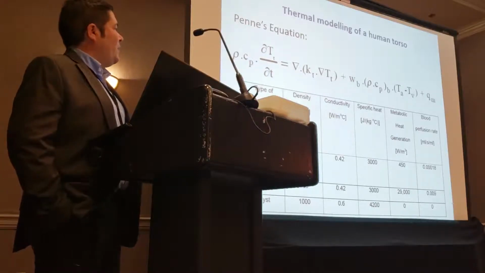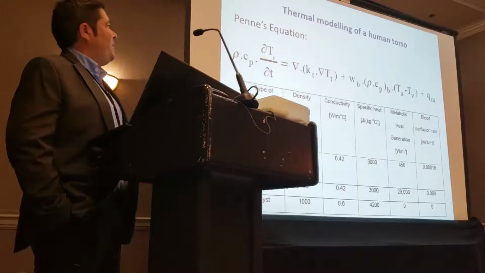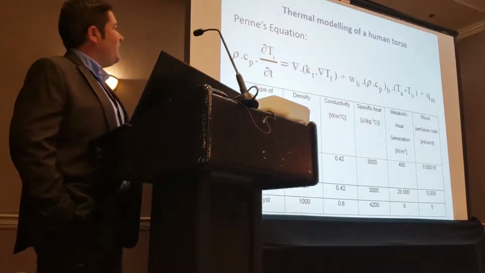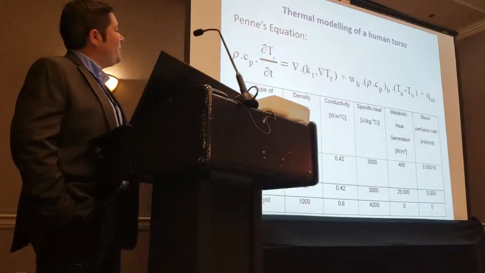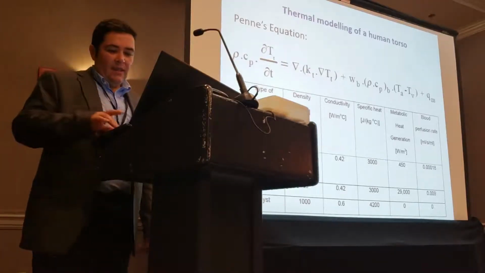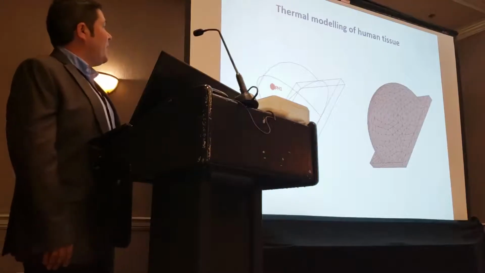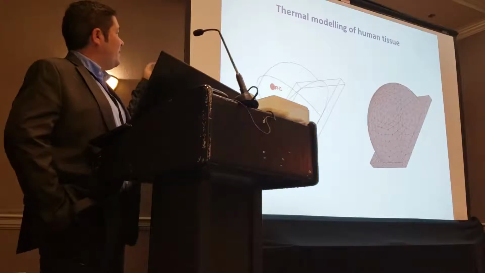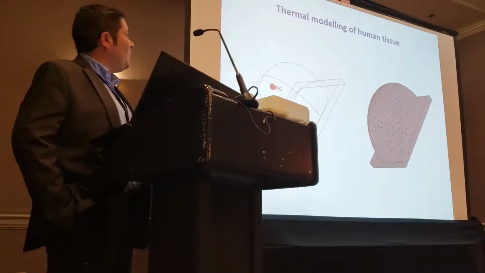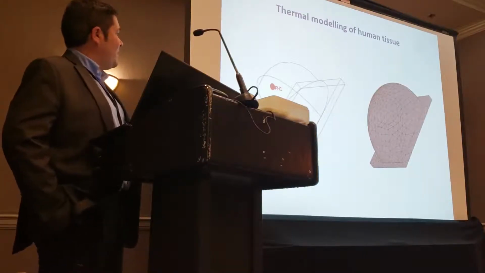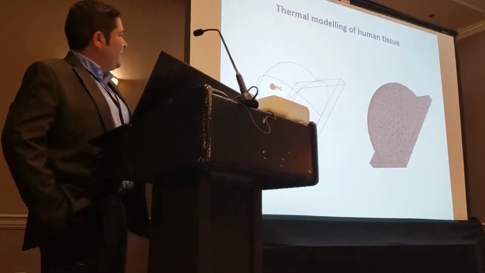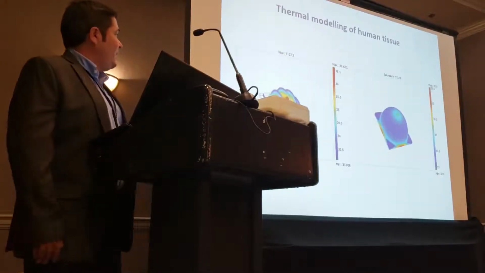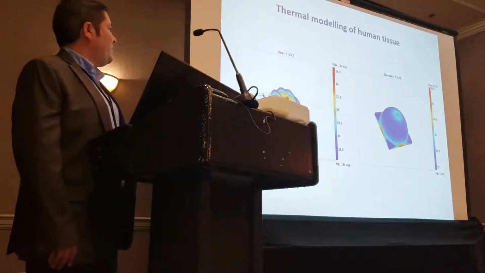We started working on this problem like 10 years ago. 10 years ago, there wasn't a bioheat transfer module in COMSOL, so you had to plug in directly those extra terms. And well, we started with a very basic model. It's a hemisphere and a tumor modeled as a sphere inside the hemisphere, and the chest wall, that plate. We set up our boundary conditions, and we solved the bioheat transfer equation.